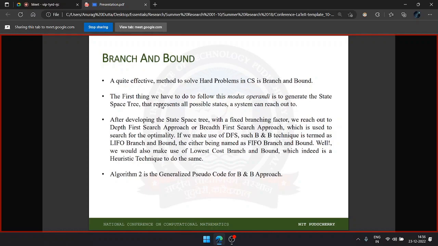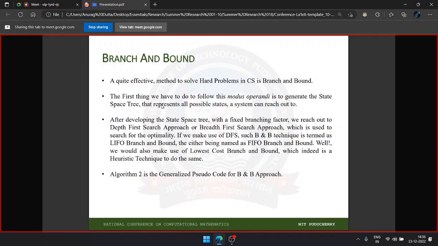For example, let's say the k queen problem or any k knight problem, we could place those knights in such a way that we could reach various possibilities.